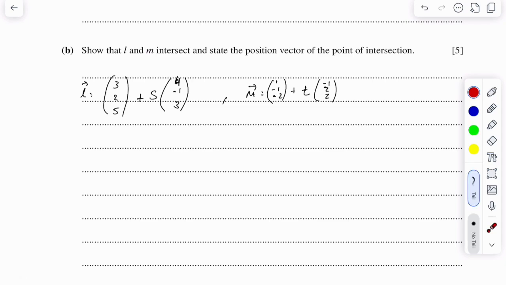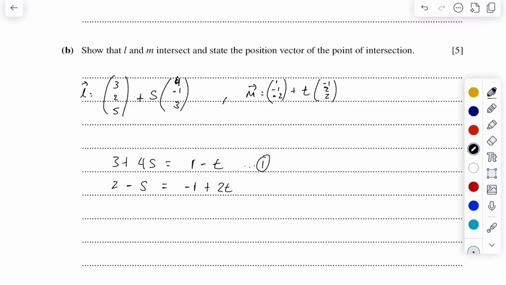So it goes like this: 3 plus 4s is equal to 1 minus t. That's our first equation. The next one, 2 minus s is equal to minus 1 plus 2t.